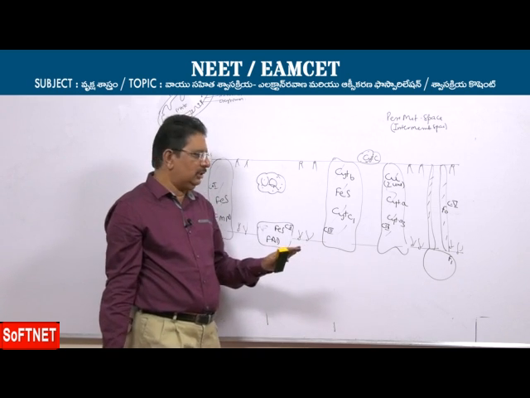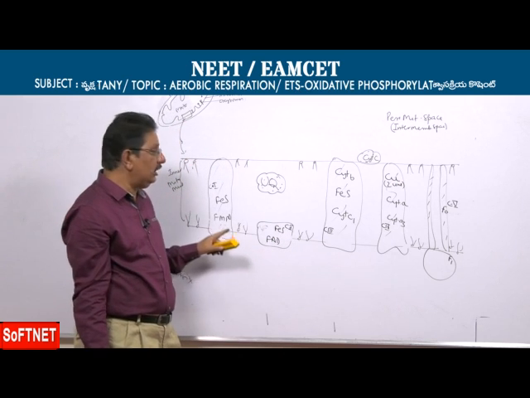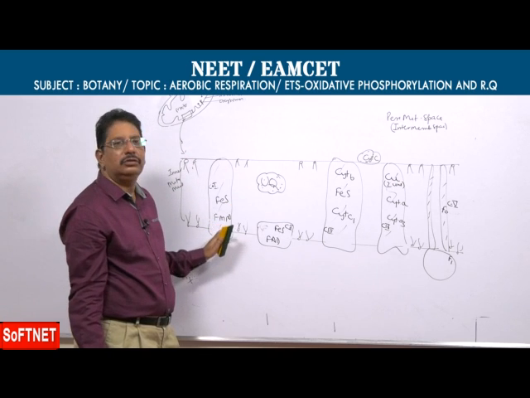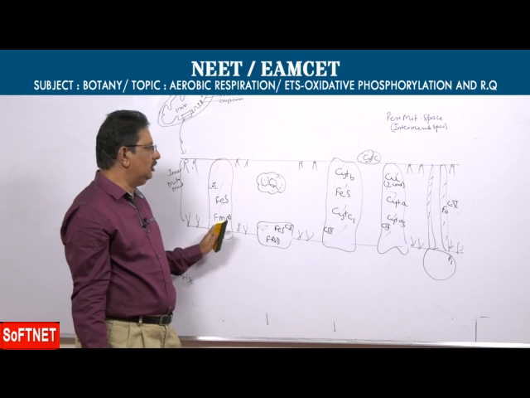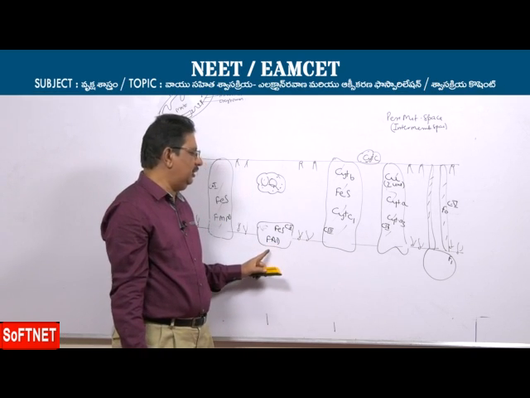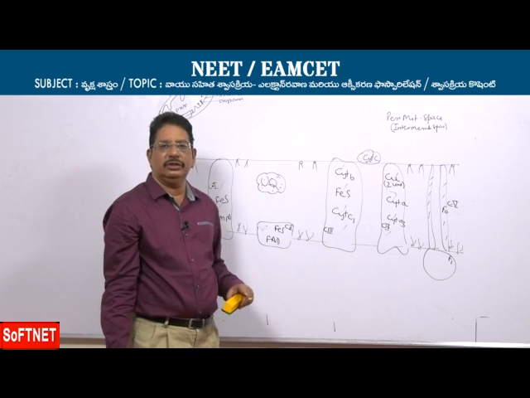So, these are important combinations. The enzyme name of complex 1 of ETS is NADH ubiquinone oxidoreductase, and complex 2 enzymatic name is succinic dehydrogenase.